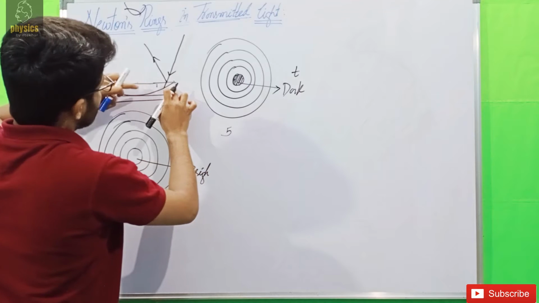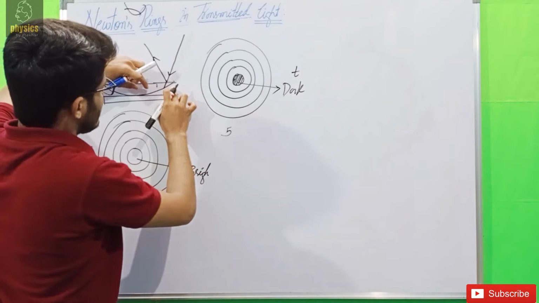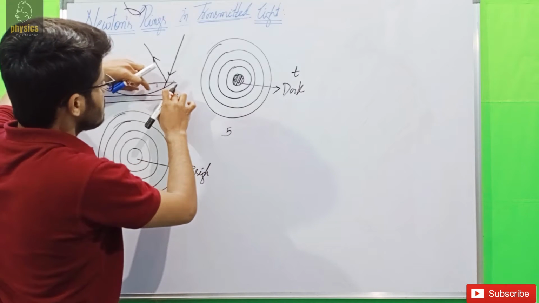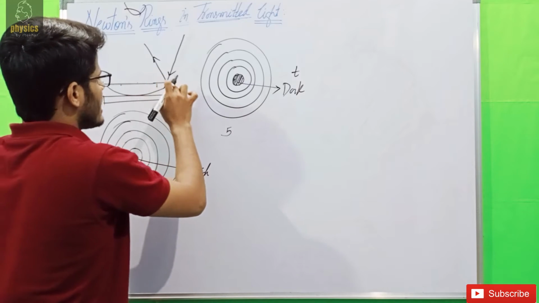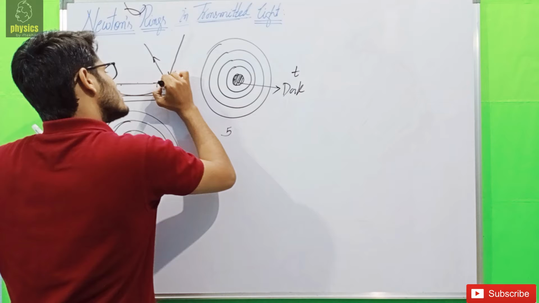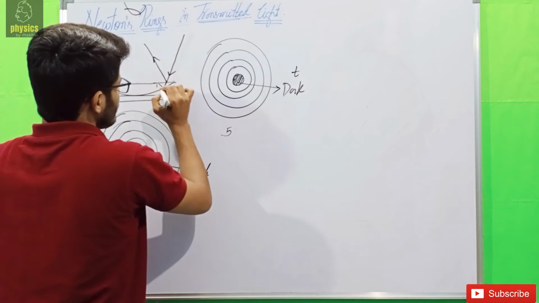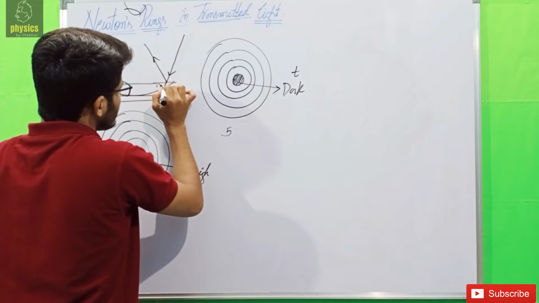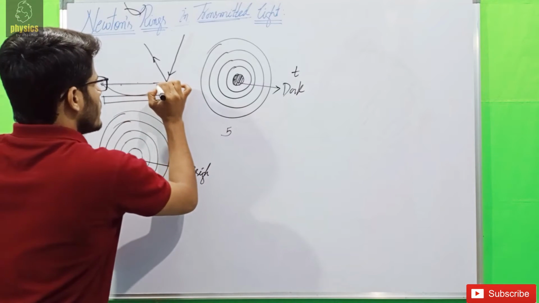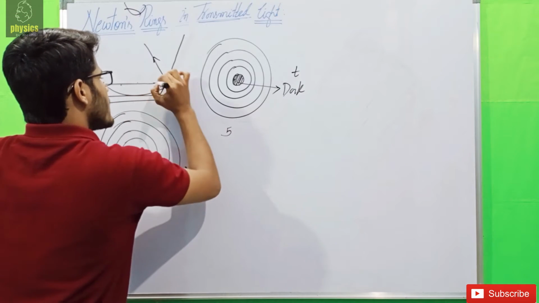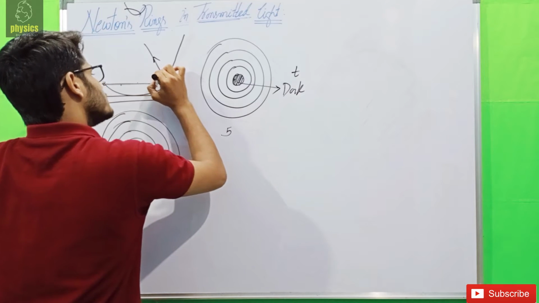This is a plano-convex lens, but its medium is a glass medium. So because of the glass to air boundary, the light will suffer reflection and part of it will get transmitted. Now again this light ray will come out.